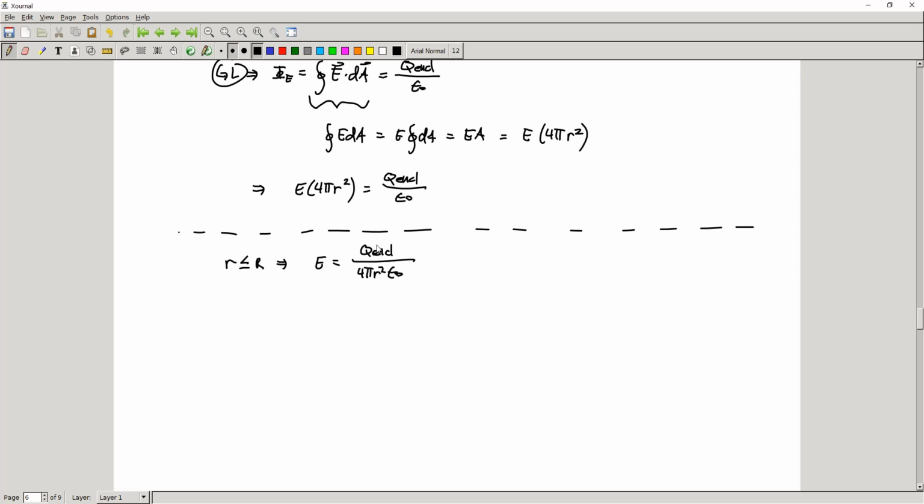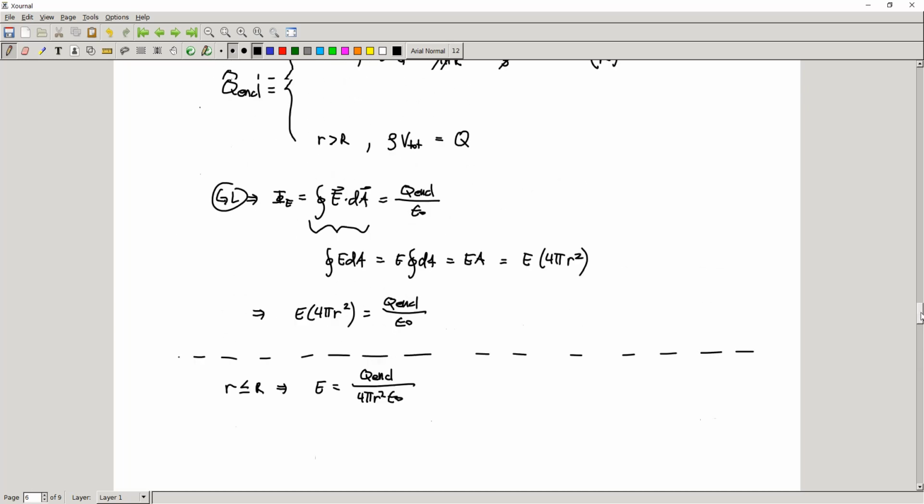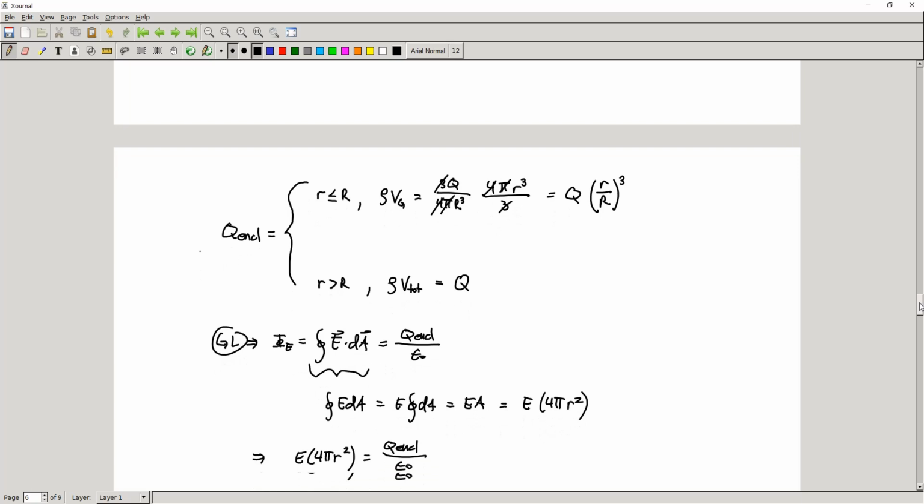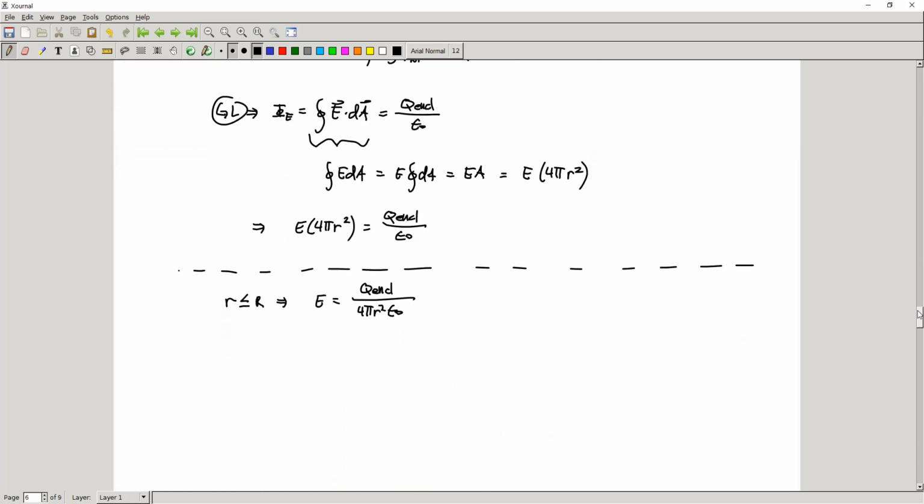But our Q enclosed for small r less than or equal to big R, we have up here, and that's just Q times small r over big R to the third. So we can substitute that in. That's going to end up being Q r over R cubed, over 4 pi r squared epsilon naught. And we can clean this up, right?